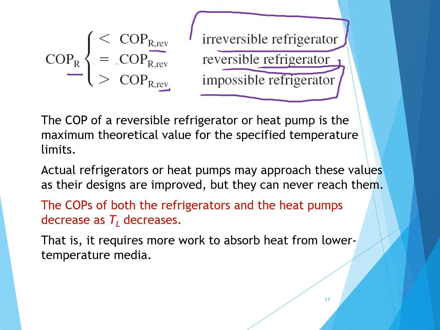So the coefficient of performance of a reversible refrigerator or heat pump is the maximum theoretical value. So if you are asked to calculate the maximum COP, you can calculate it from the COP reversible.